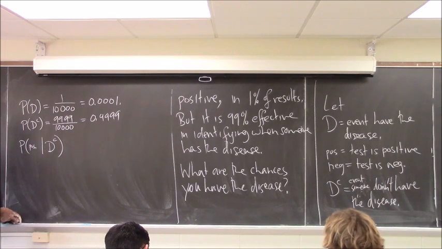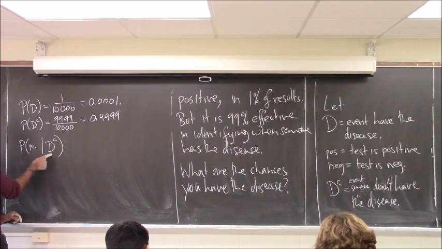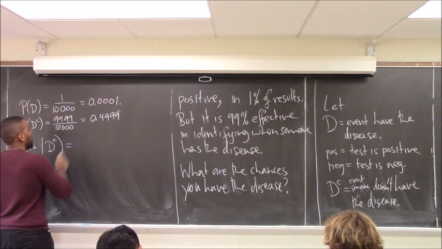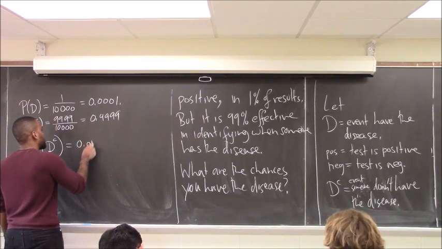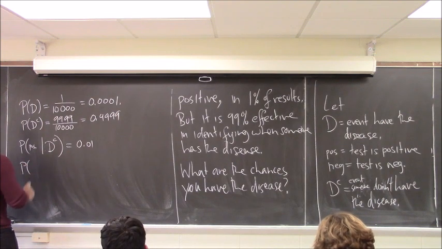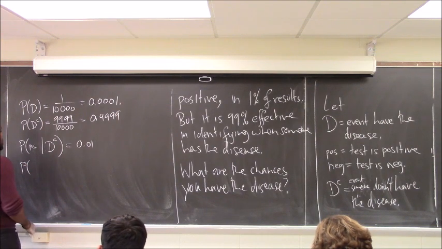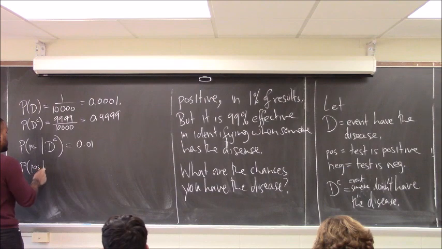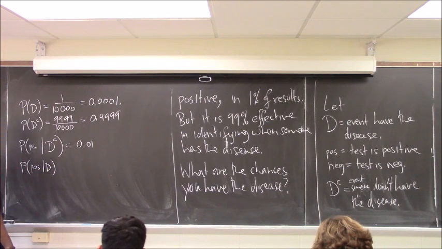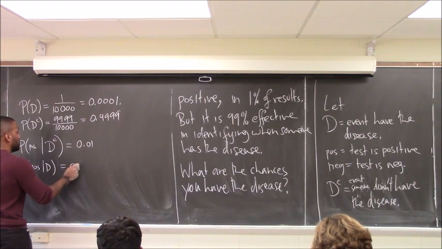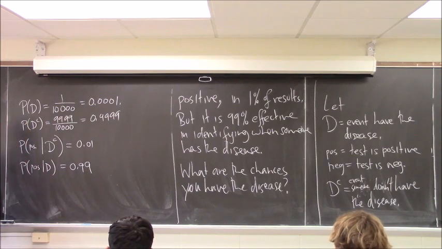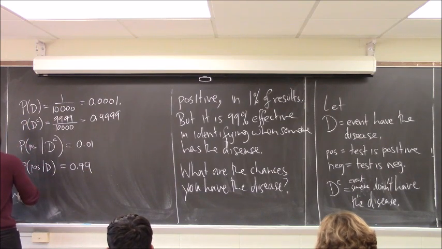That's a false positive, a positive result in the event you don't have the disease. That is 1%. What is the probability of a positive result given that you have the disease? 99%.